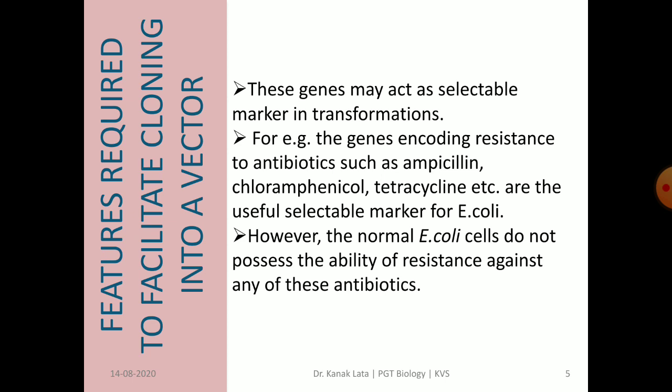For example, the genes which are responsible for resistance to antibiotics like ampicillin, chloramphenicol, tetracycline are used as selectable markers for E. coli, but normal E. coli cells do not carry resistance against these antibiotics.